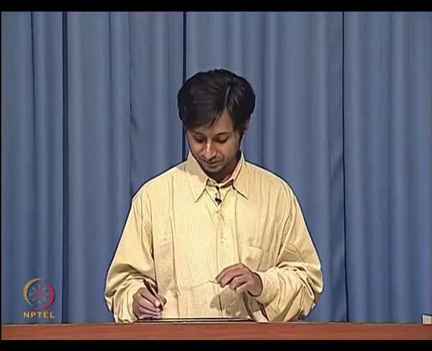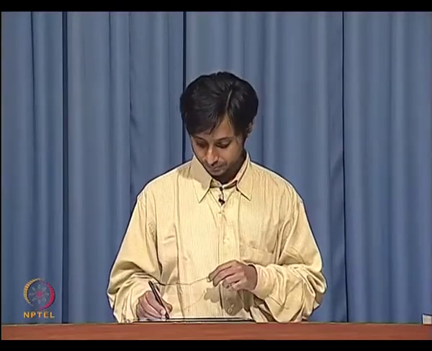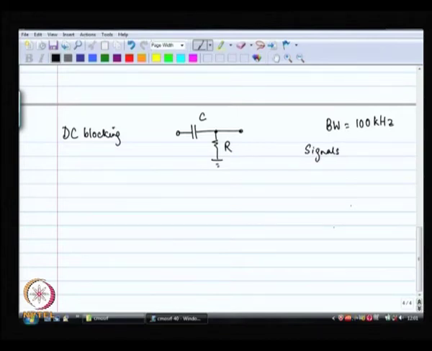Now, let us say that your signal bandwidth is 100 kilohertz. Okay. Now, 100 kilohertz means you most probably want signals up to 1 kilohertz, 1% of 100 kilohertz, should pass. Now, if you want signals up to 1 kilohertz to pass, let's make it a little easier.